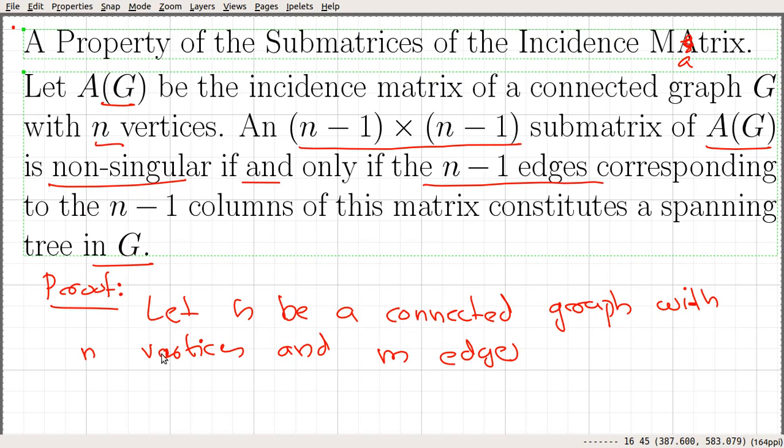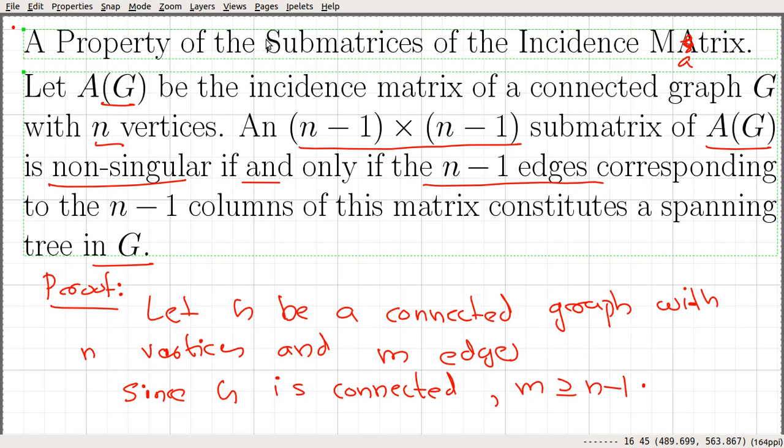Since a tree is a minimally connected graph, a tree with n vertices has n minus 1 edges. This G could be more than a tree, so the number of edges must be greater than or equal to n minus 1. Since G is connected, m is greater than or equal to n minus 1.